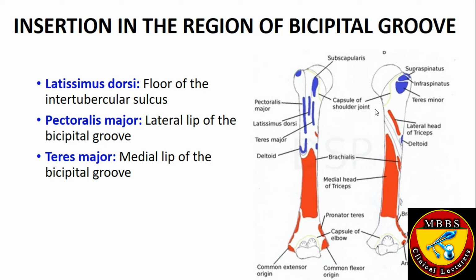Insertions in the region of the bicipital groove, you are already aware. The latissimus dorsi, floor of the intertubercular sulcus. You can see the pectoralis major, lateral lip of the bicipital groove.